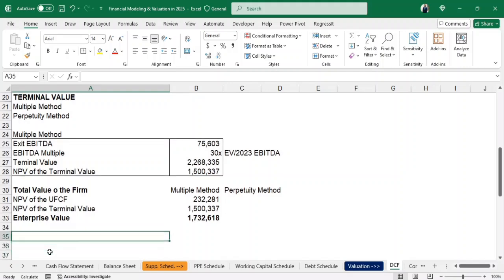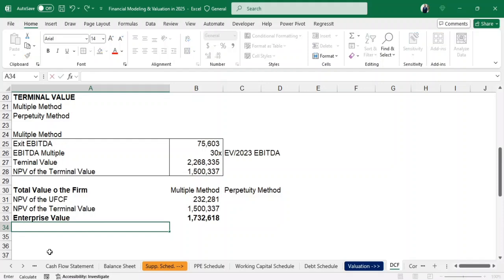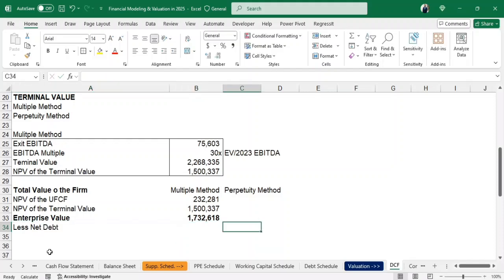Okay, now we need to determine the equity value also. So the equity value, as we already know, is a portion of the enterprise value. So in order to determine our equity value, we need to subtract the net debt. So we have less net debt. And we already know the formula for calculating our net debt.